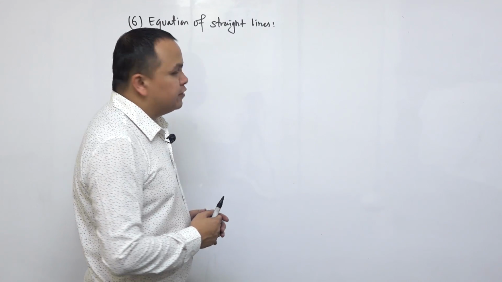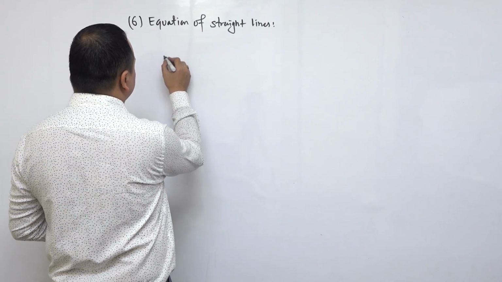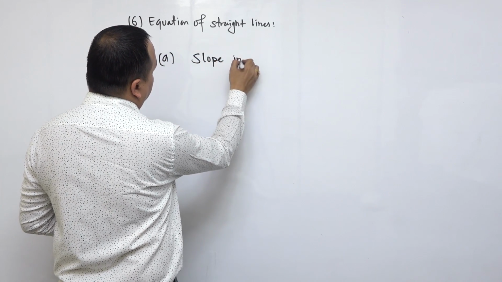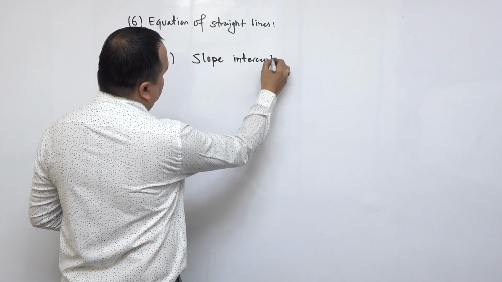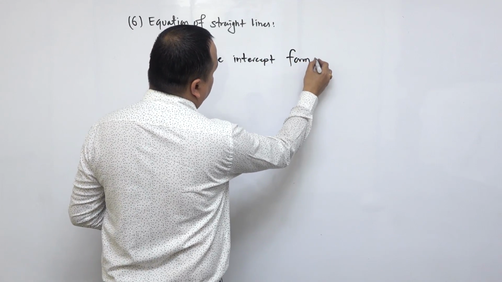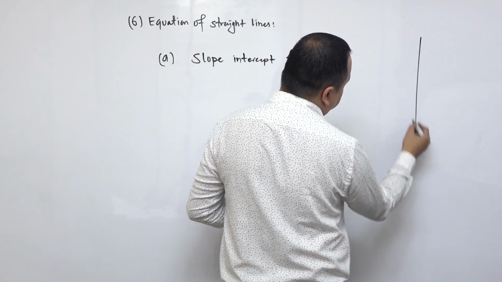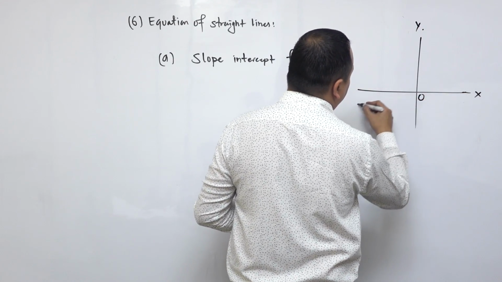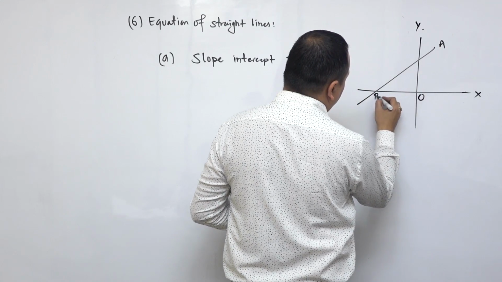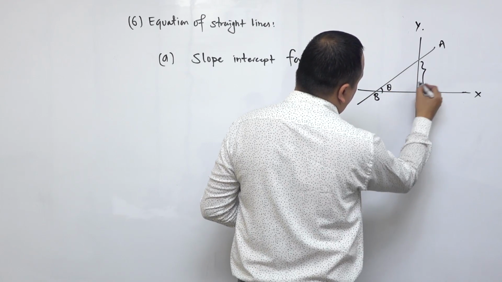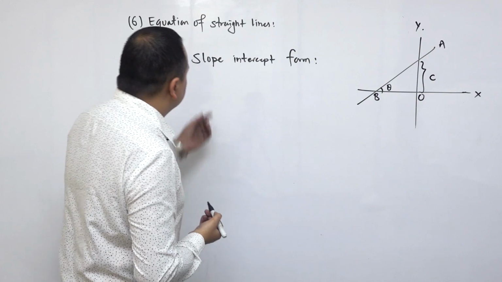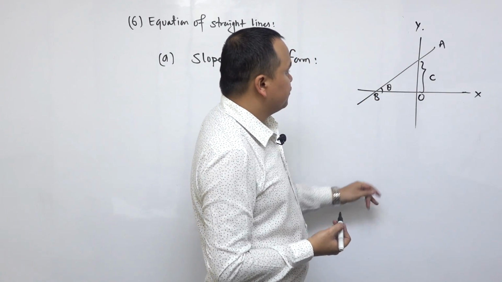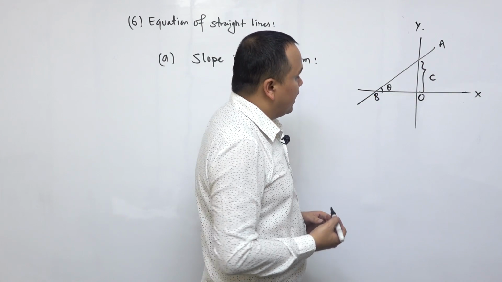Now, equation of straight lines. A. Slope intercept form. Here AB makes an angle theta with the positive x-axis.